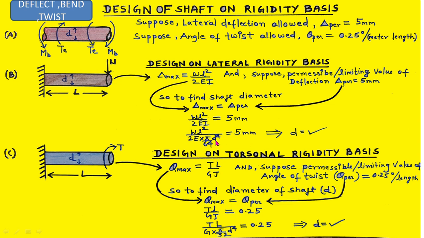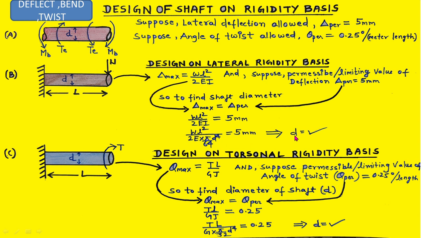The length of the shaft will be known, W will also be known, so in this expression you can find the value of the diameter of the shaft. The diameter obtained here is on the basis of lateral rigidity.